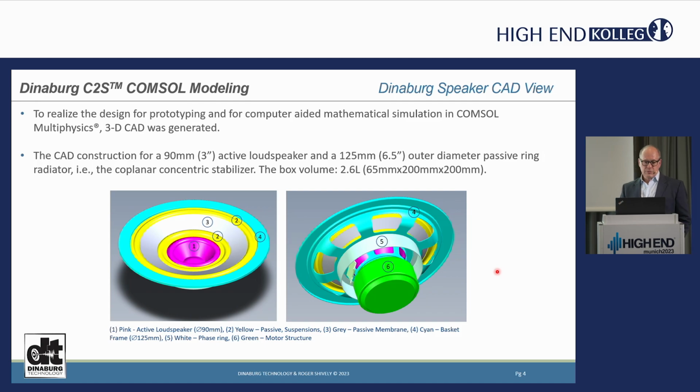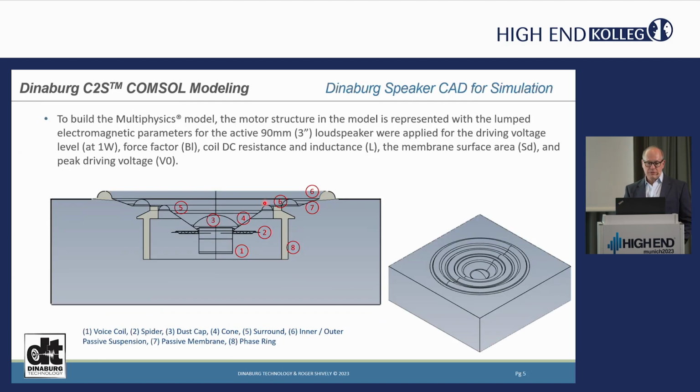In the gray, we see the passive membrane, and we see the basket. And in the white, I'll point to that right here, part of their design theory is something called a phase ring. It's meant to control, in theory, from their theory, the relationship between the active cone and the passive cone.